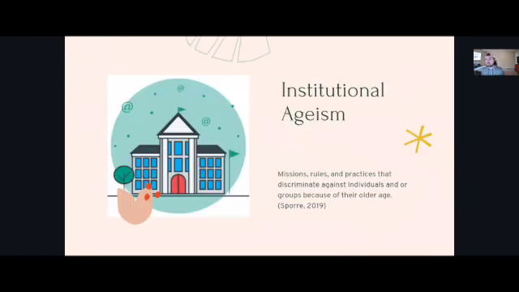And then looking at institutional ageism: missions, rules, and practices that discriminate against individuals or groups because of their older age. For this, you're looking at a system. Similar to institutional racism, institutional ageism is very similar.